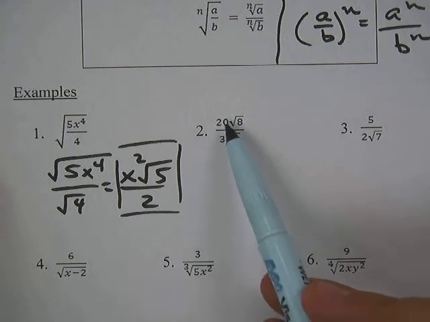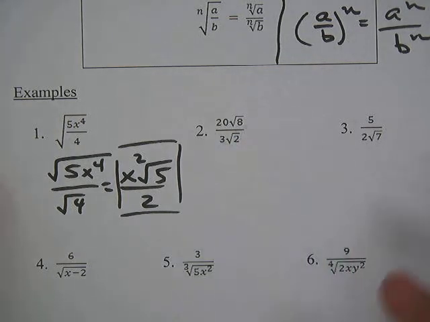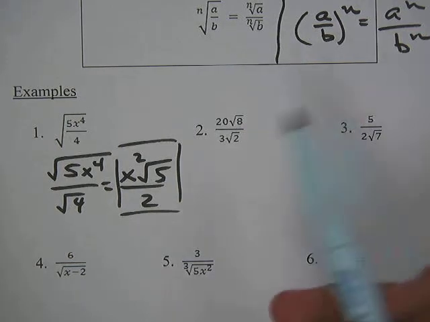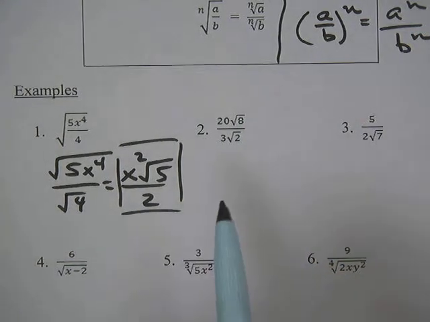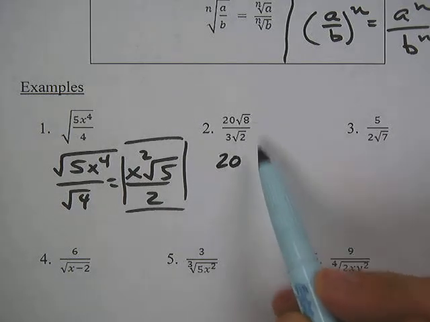Okay, so let's take a look at the second one. It says 20 root 8 divided by 3 root 2. There's a couple different things you can do with this. One route I would take would be to simplify root 8.